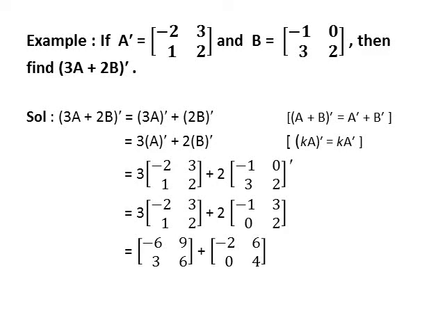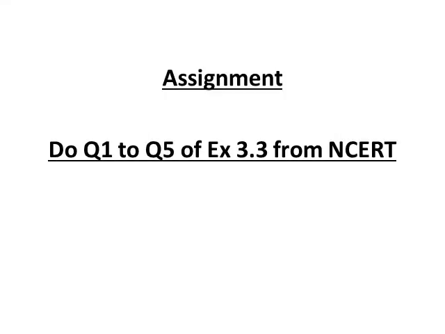We get two matrices as shown. Now, add the corresponding elements of these two matrices as shown. So, we get transpose of matrix 3A plus 2B equals a matrix of order 2 by 2 with elements -8, 15, 3 and 10.